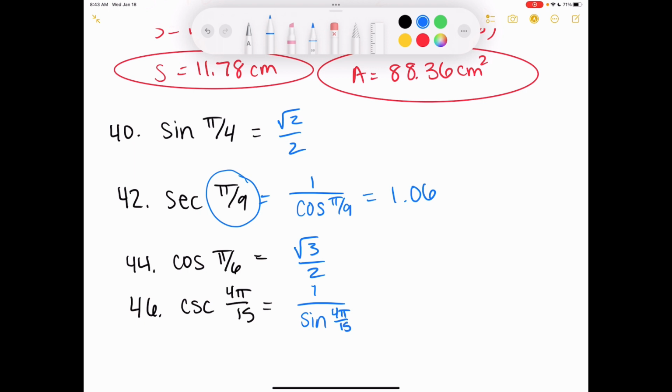So you'll type it in the same way you did the cosine one. And it should be 1.35 when you round it. That's what we got.